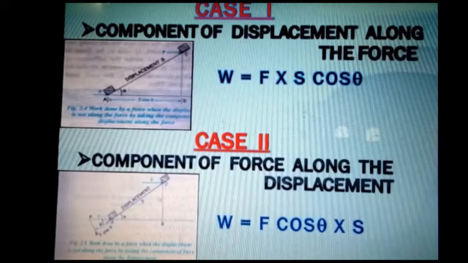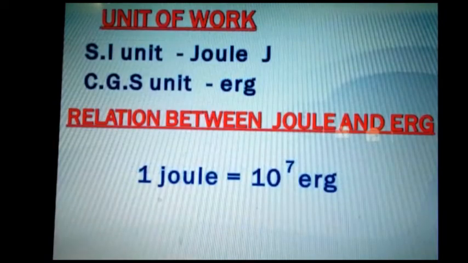Depending on the value of theta, we can find the magnitude of work. Work is a physical quantity whose SI unit is joule and its CGS unit is erg.